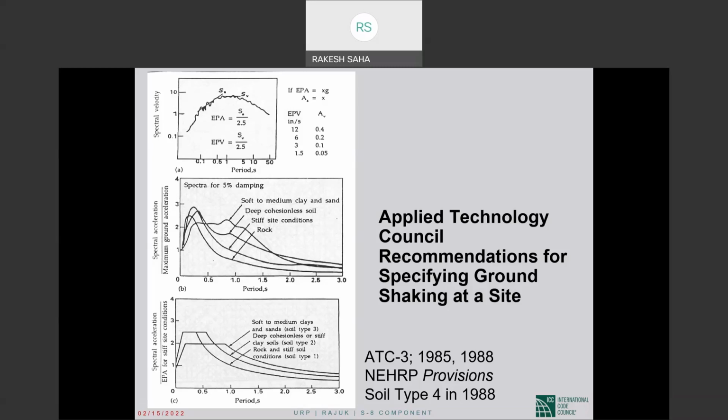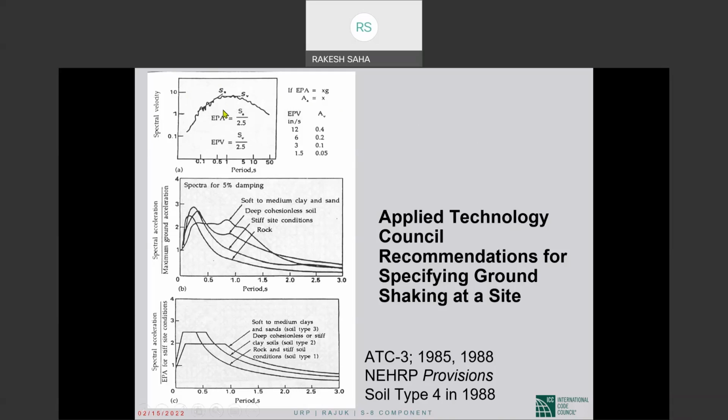It remains a spectral acceleration, but it is close to peak ground acceleration. So it is effective peak acceleration. And then the spectral pseudovelocity divided by 2.5 gives us, again, a spectral quantity that is close to the peak ground velocity. And we call that effective peak velocity.